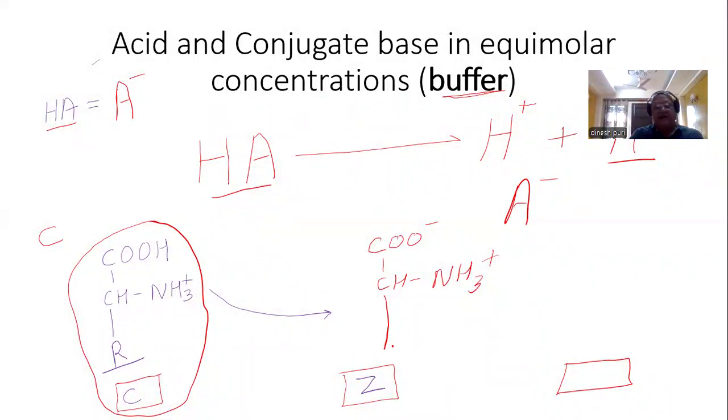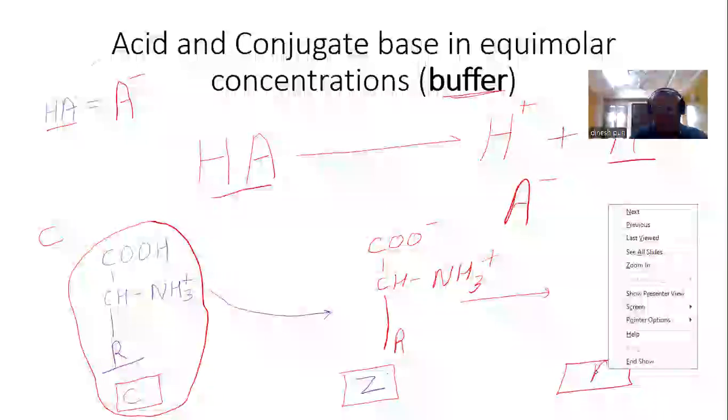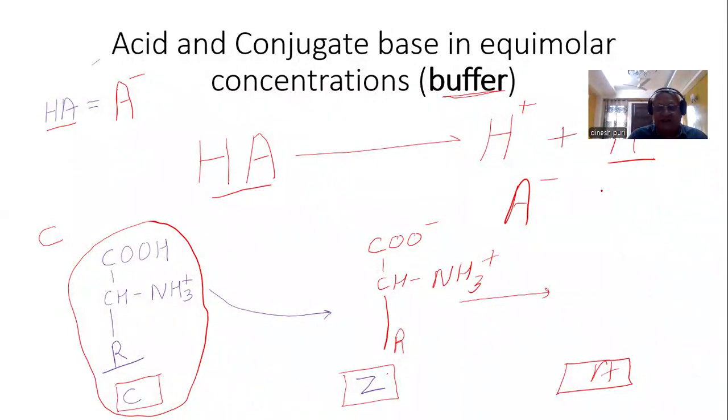This is the zwitter ion form. So at a lower pH, below the isoelectric pH, it was in the cationic form. As you increase the pH, it changes to the zwitter ion form. And on further increasing the pH, it will be converted to the anionic form. And as we have seen, in the anionic form it is COO minus, and here it is NH2.